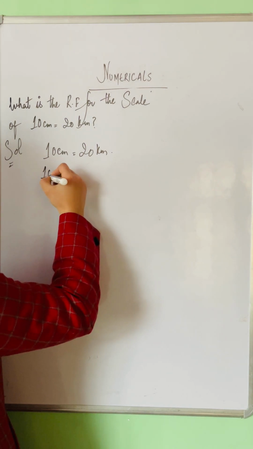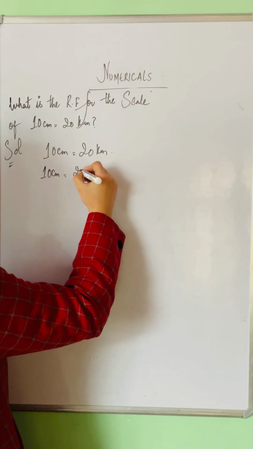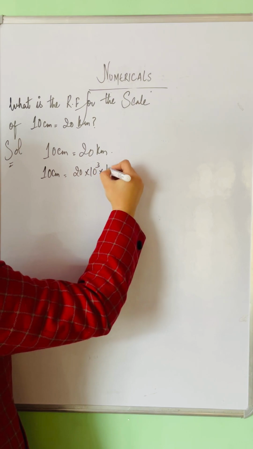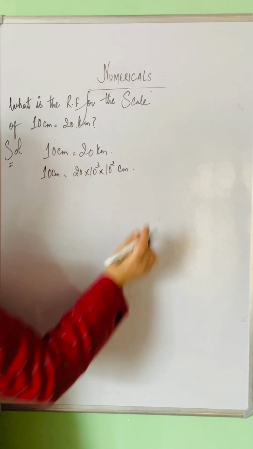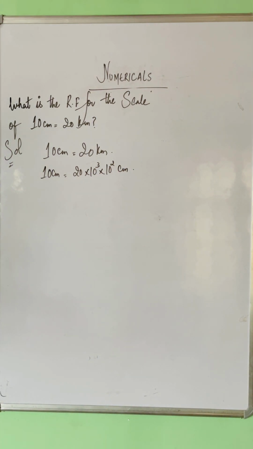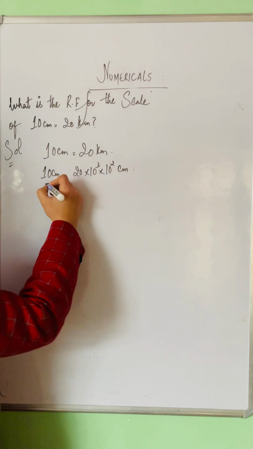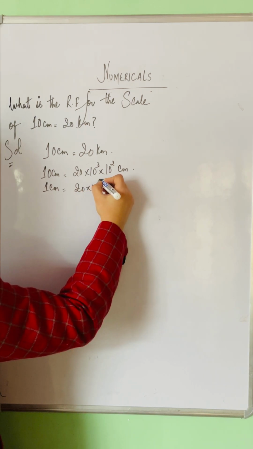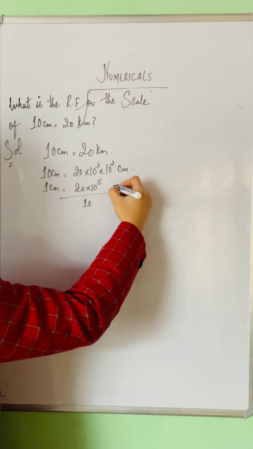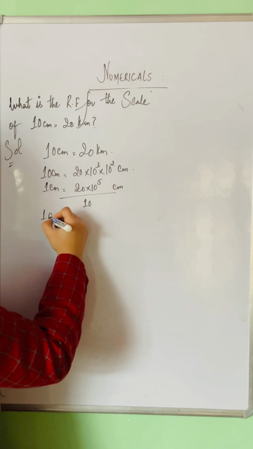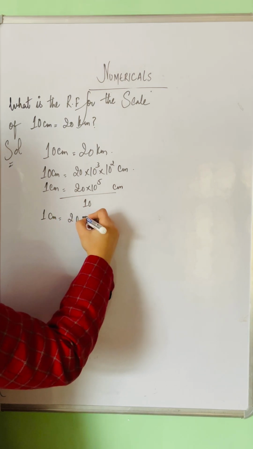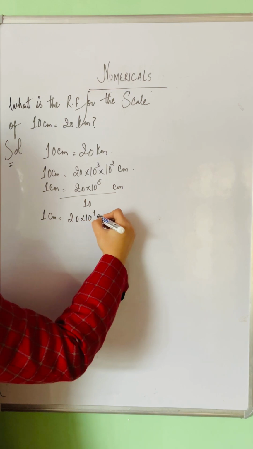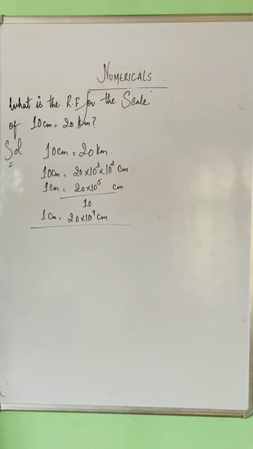So 10 centimeters is equivalent to 20 kilometers on the ground, right? So every 1 centimeter on the map is equal to 20 into 10 raised power 4 centimeters on the ground.